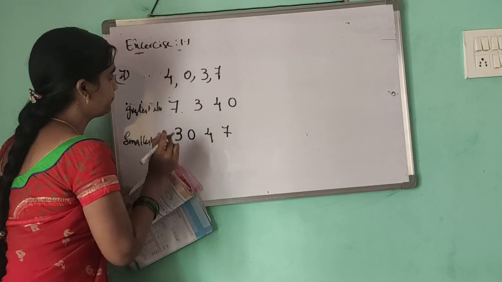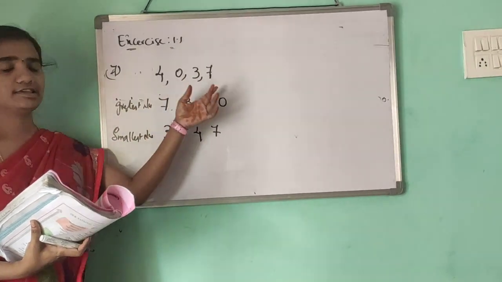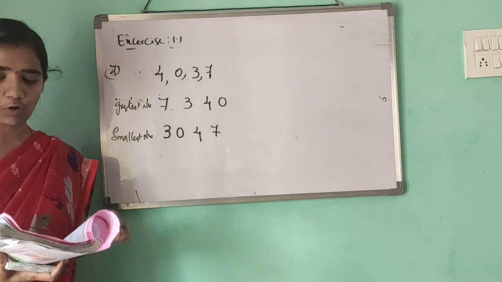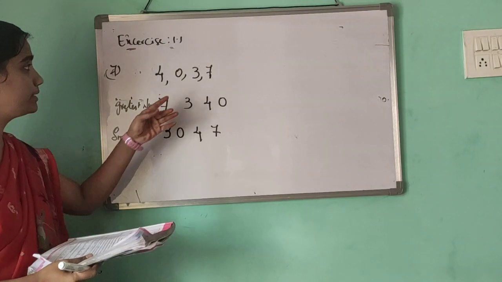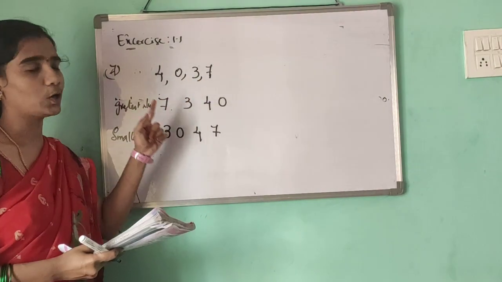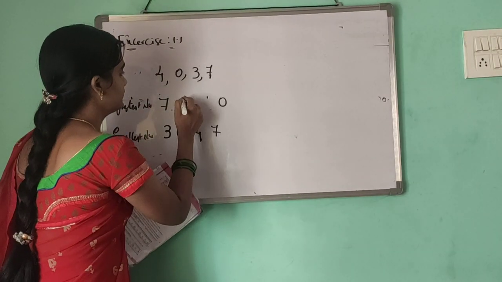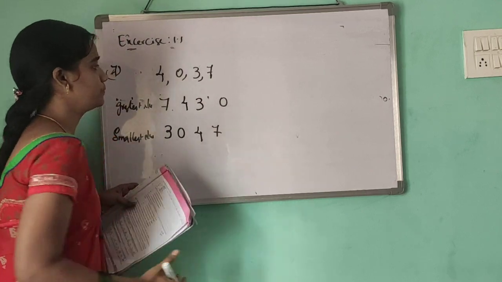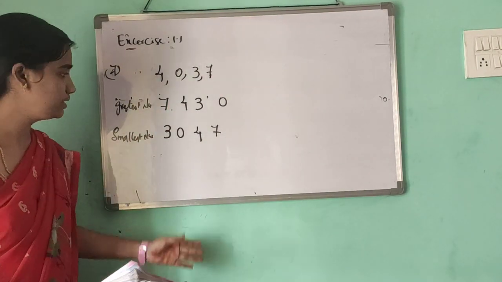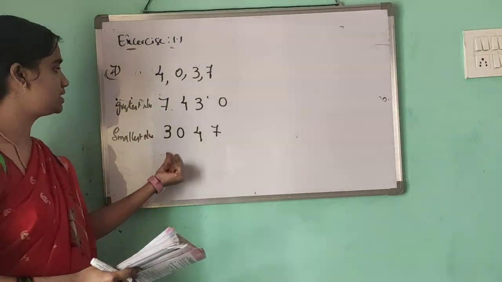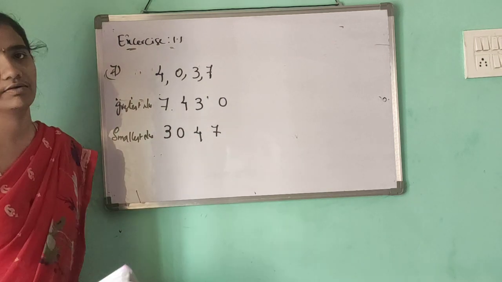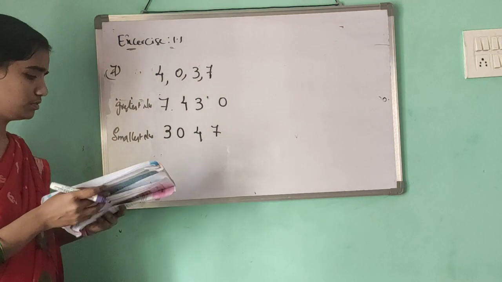Here I can write, by using these 4 digits we have to write the smallest number and the greatest number. 7 is the highest among all. So 7, sorry guys, 7 next 4, 3, 0. This is the answer for the greatest number, and the smallest number is 3047.